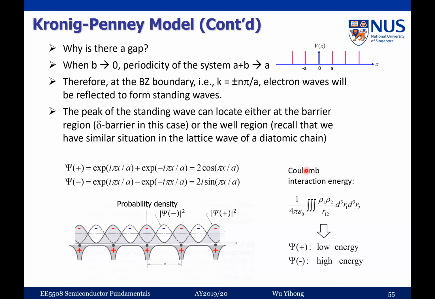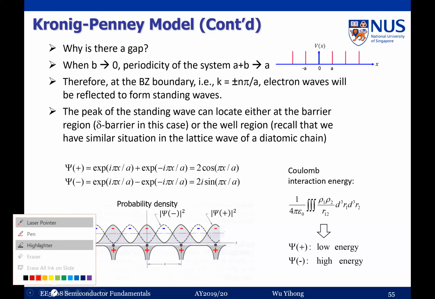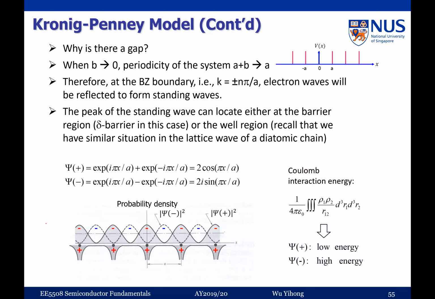The other way to look at this: remember when we talked about the diatomic chain, you still remember, right? We have the larger one, the smaller one, larger one, smaller one. Remember, when we talked about this, we have a gap at the first Brillouin zone boundary between the acoustic mode and the optical mode.